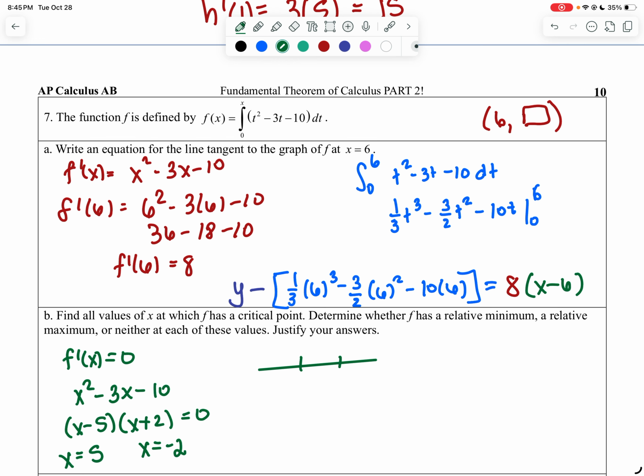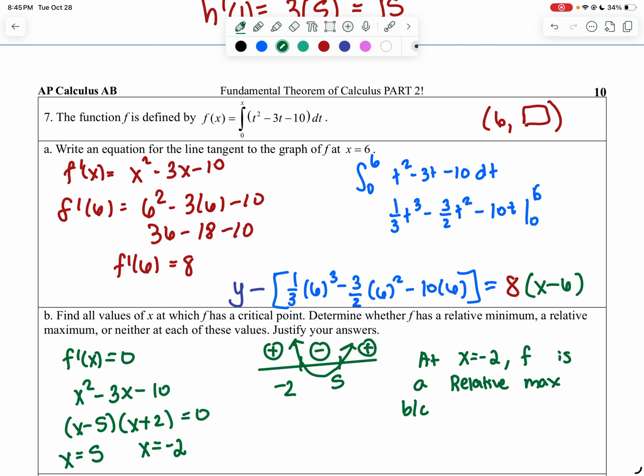Now, also lucky for us, because this is just a simple parabola, I can make a parabola and then make my sign chart through that parabola right there. So this tells me that at x is equal to -2, f is a relative max because f prime of x changes from positive to negative.